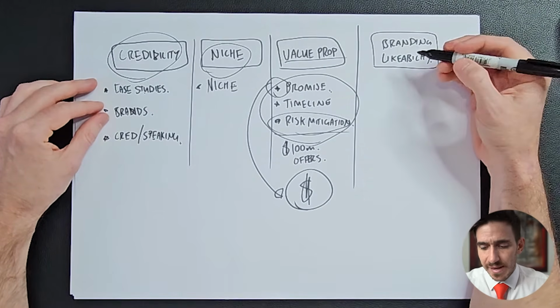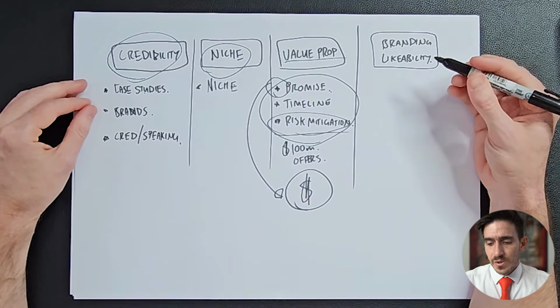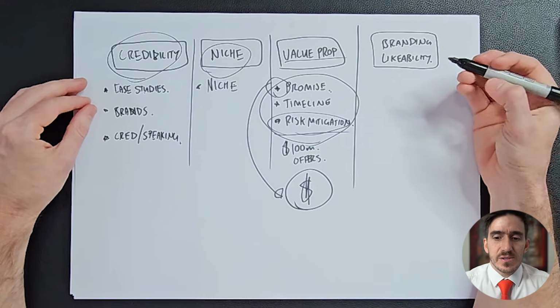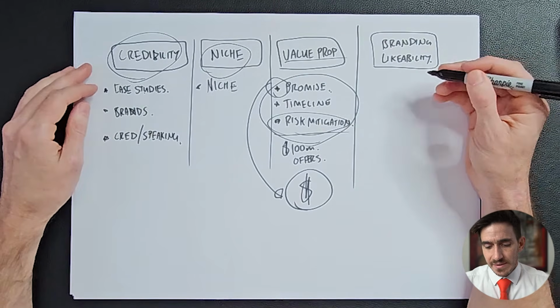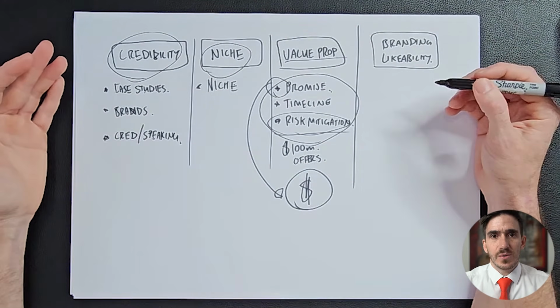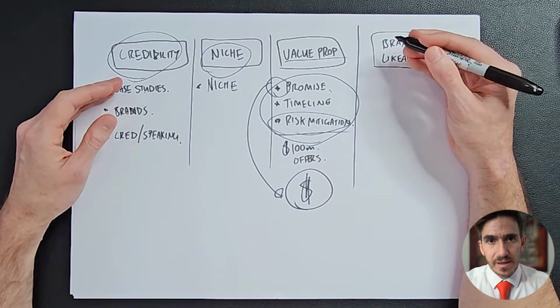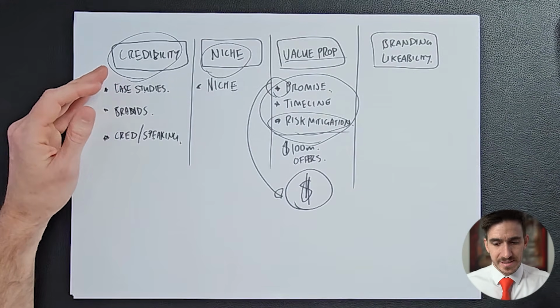The last one I like to talk about, it's a bit obscure compared to the rest of these, is branding and likability. So let's say you're posting content and people resonate with that content, they like you, they can essentially buy from you. I mean, you look at all these influencers on YouTube that are basically becoming the latest in celebrities and things like that.